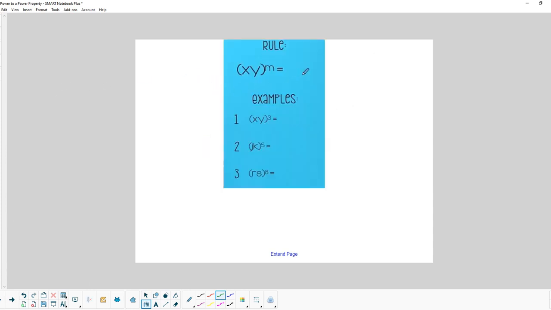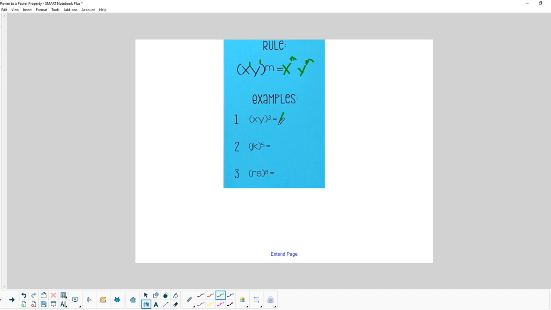So that rule was, whenever you have something inside of parentheses raised to a power, you have to make sure that that power gets raised to everything in there. And if there's no visible power, like if they don't have 2 or 3, you just assume that there's a 1. So that would be x to the m, y to the m power on the first one.